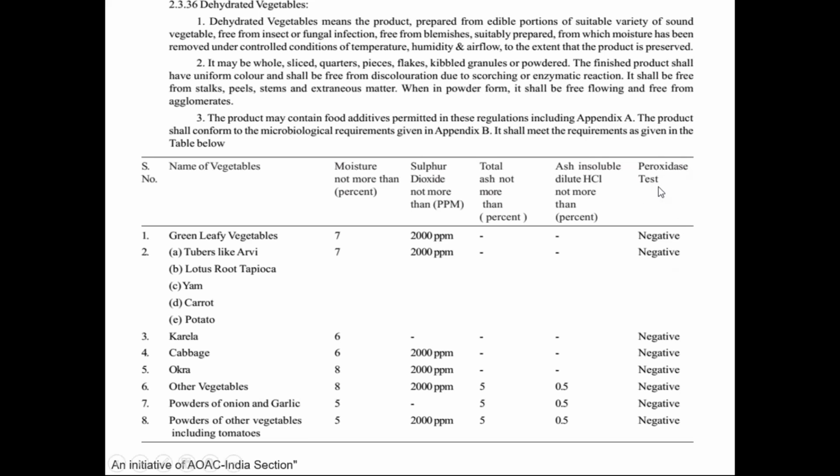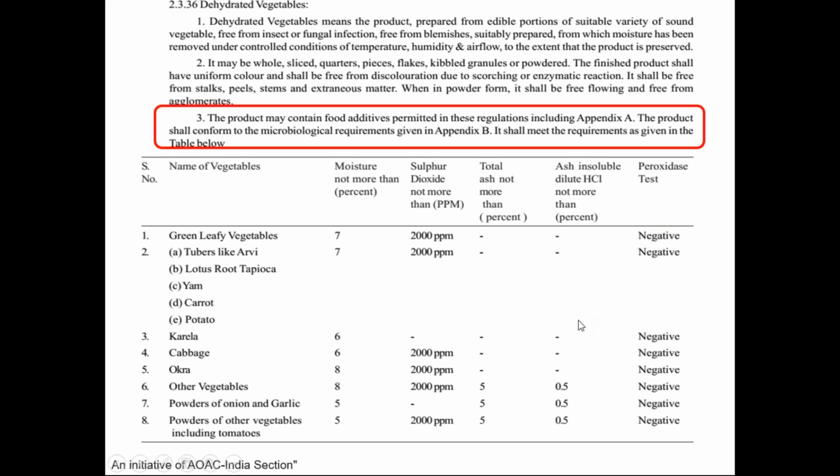So here again, peroxidase is an enzyme, and so the negative test correlates with the absence of the microbes, or it shows that it is microbially safe. However, still, if you look, the product may contain food additives permitted in these regulations as in Appendix A, and it should conform to the microbiology requirements given in B.